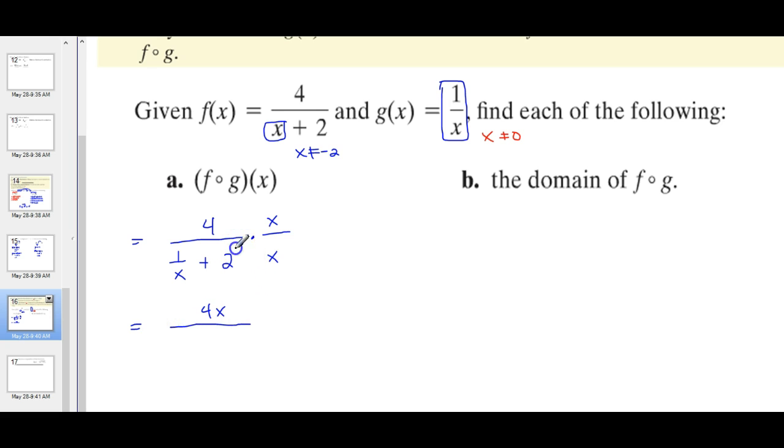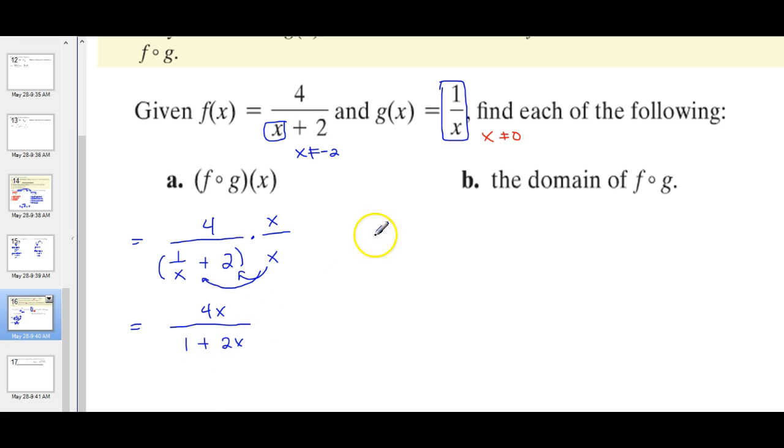And then on the bottom, when you distribute the X through right here, since we are adding, X times 1 over X is just 1. And then plus 2 times X is 2X. So that composition 1 over X plus 2 is the same thing as 4X divided by 1 plus 2X.